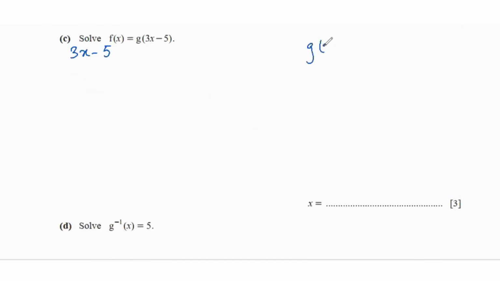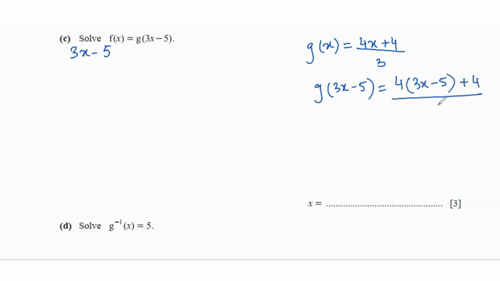So if g of x is 4x plus 4 over 3, then g of 3x minus 5 will be 4 times 3x minus 5 plus 4 over 3. Basically, we're changing the domain from x to 3x minus 5. So that's 12x minus 20 plus 4 over 3, which is 12x minus 16 over 3.